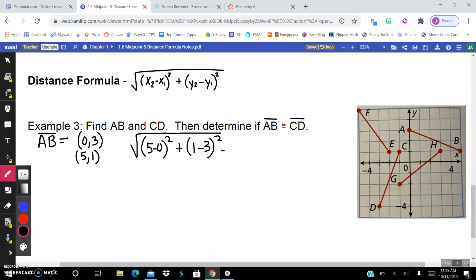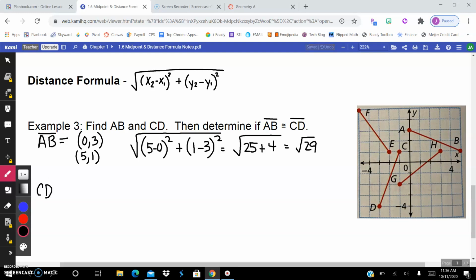So then we have to go through and simplify. 5 minus 0 is 5 and 5 squared is 25. And then 1 minus 3 is -2 and -2 squared would give us 4. So 25 plus 4 is the square root of 29. 29 is not a perfect square, so I'm going to leave it just like that for a minute, and we're going to go and work with segment CD and see if we get the square root of 29 as well.